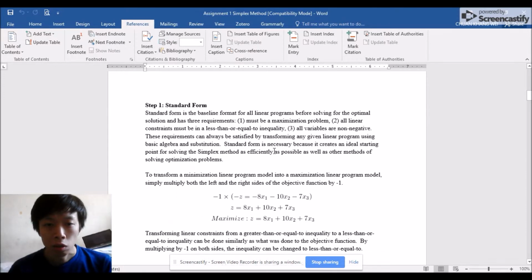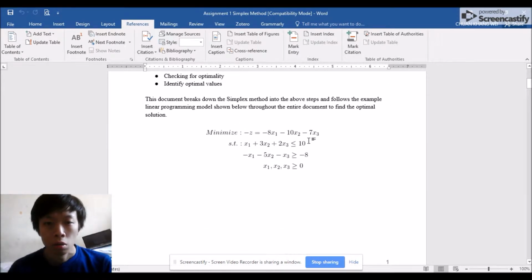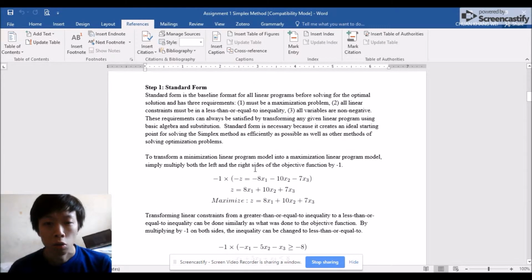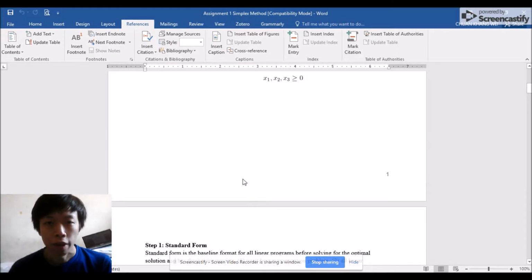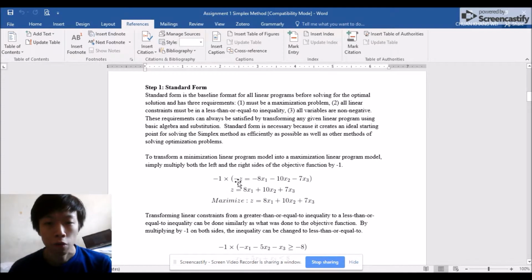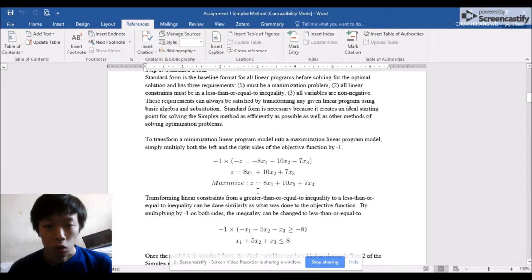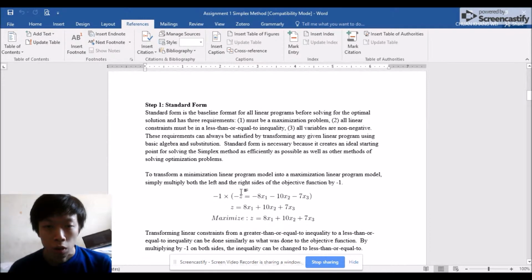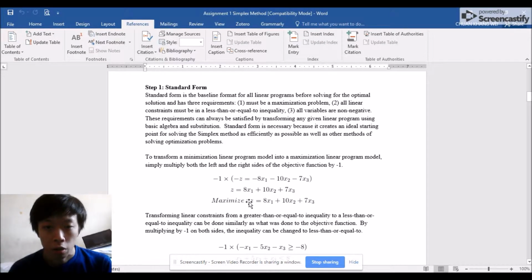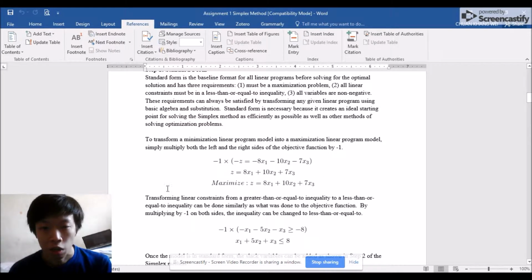Since this is a minimization equation, we need to convert it into a maximization equation by multiplying negative 1 on both sides. After multiplication, we get the equation of maximize z equals 8x1 plus 10x2 plus 7x3.